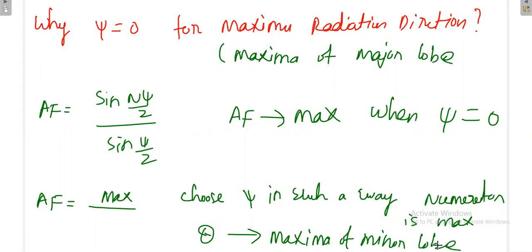Then if I want nulls, because between the lobes, let it be major lobe or minor lobes, you are getting nulls.